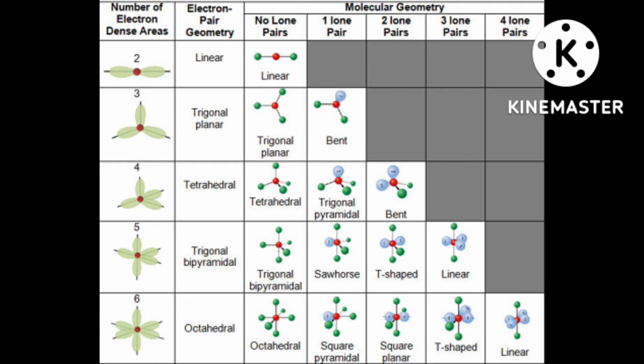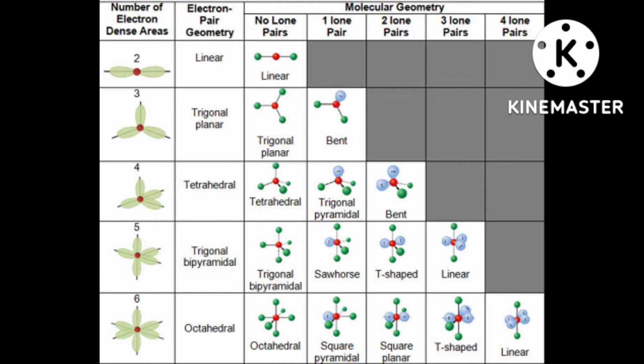Again I am telling you, four things you will find in that structure. First, the number of electron pairs in that molecule. How many electron pairs are there. After that, the arrangement of electron pairs and the angles. Third, the molecular geometry, whether it is linear, trigonal planar, tetrahedral, trigonal bipyramidal, octahedral.